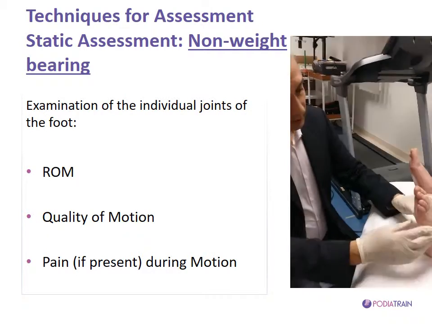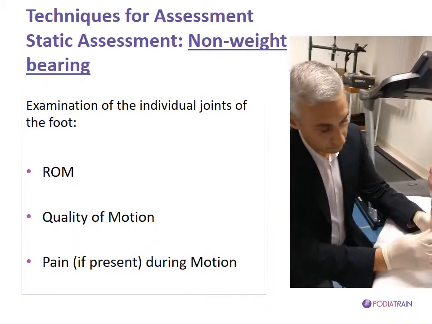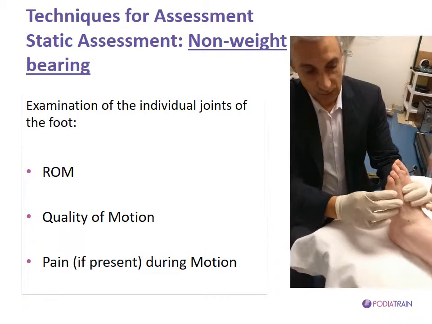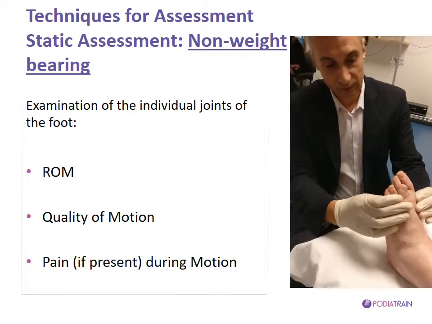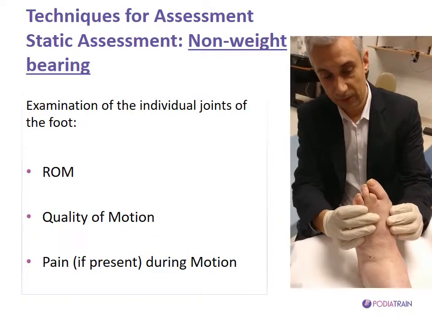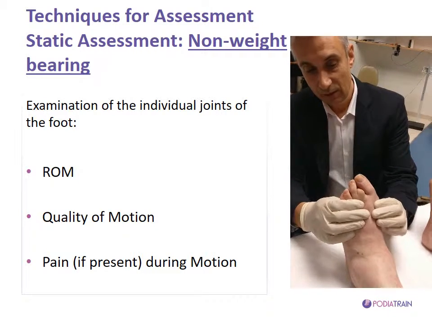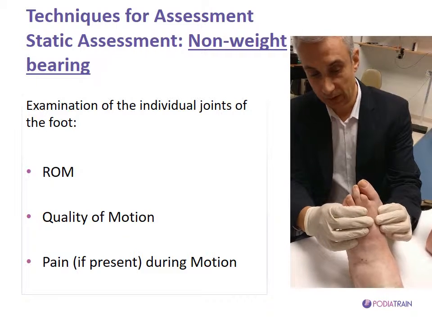Following that, we need to look at the fifth ray. Movement within that joint, we have good movement. However, the first metatarsophalangeal joint is slightly plantar flexed with good movement as well.